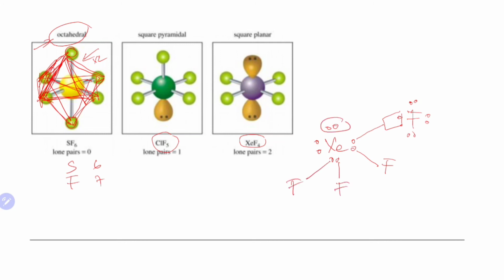So there are 2 lone pairs. For XeF4 there are 2 lone pairs. Because the number is 6, then we'll follow this. But 2 places are empty. So the result is square planar, this one.